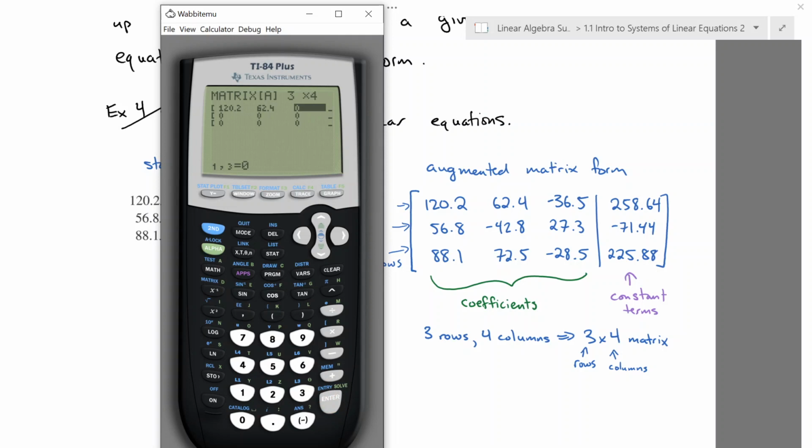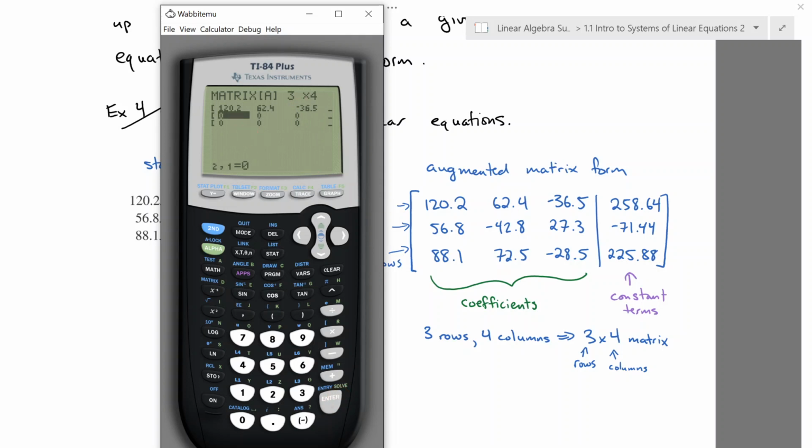I'm entering a lot of different numbers into the calculator, so as you're entering these in, be careful that everything is correct, because one wrong entry can screw up your entire calculation. So this one was 258.64. Make sure it's in the correct place.